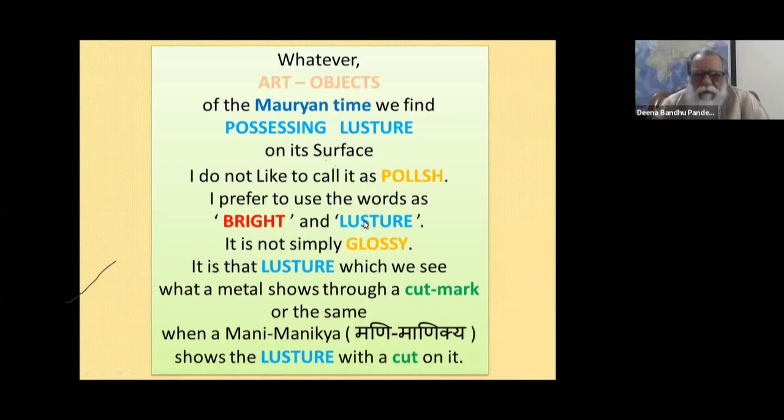So, whatever is Mauryan art, object, art and architecture, sculpture, etc., it possesses luster on its surface, but it is called polish, which I don't like. I prefer to use the words brightness, luster.